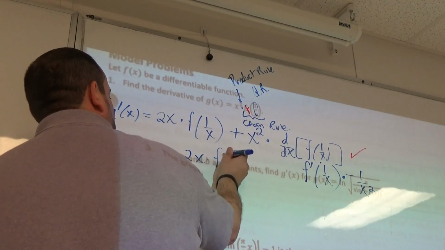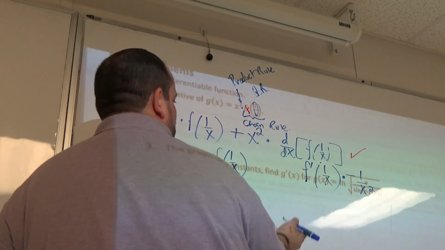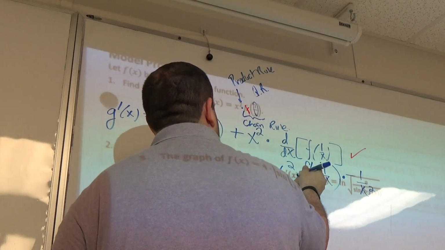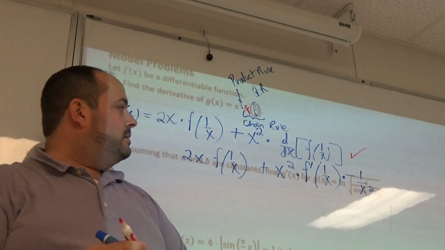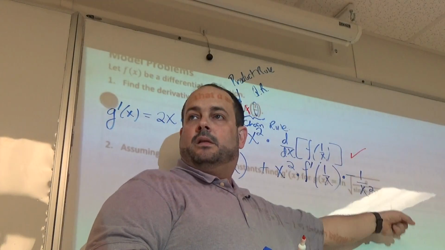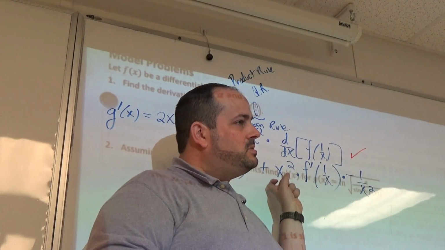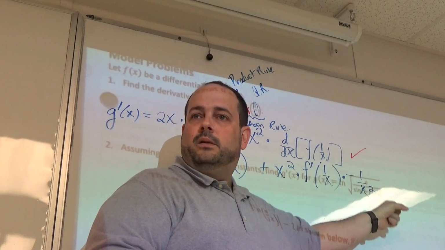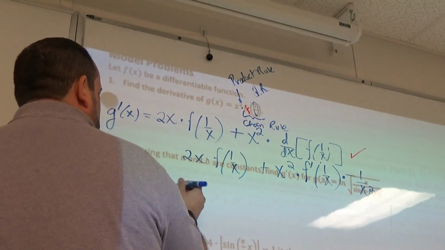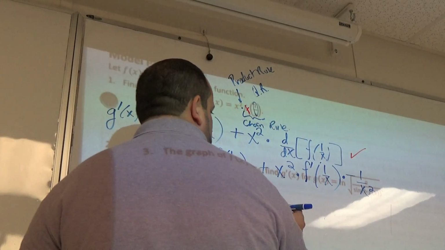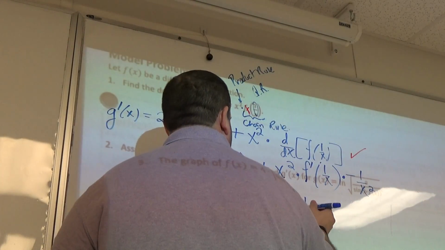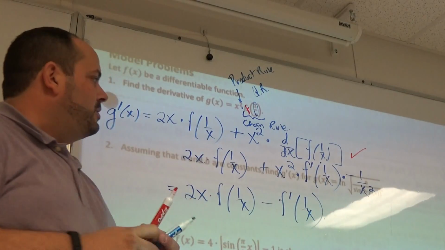And just pull the whole thing together: 2x times f of 1 over x plus x squared times that times negative 1 over x squared. If you want to simplify, feel free. X squared times negative 1 over x squared is going to be negative 1. You don't have to. I'm not even too worried about that. But I could say it's 2x times f of 1 over x minus f prime of 1 over x.